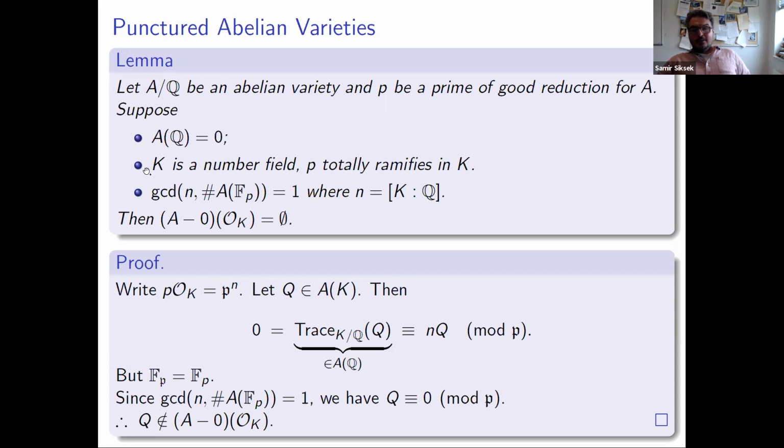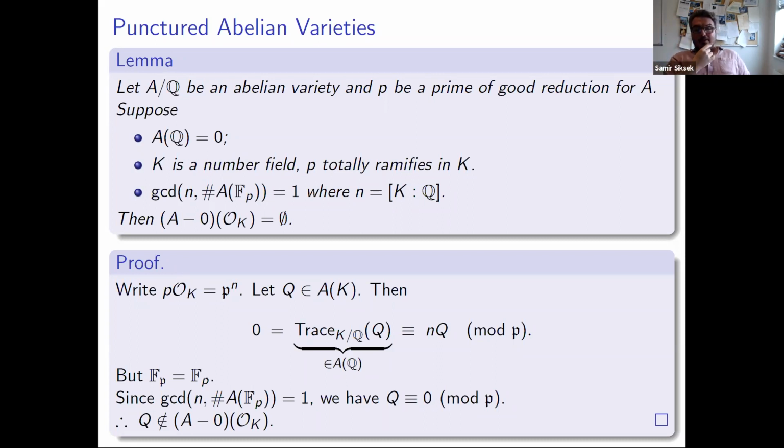Then take a number field K where the prime p totally ramifies, and assume that the degree of K is co-prime to the number of points on A modulo p. Then the set of integral points is empty on the abelian variety punctured at the origin.